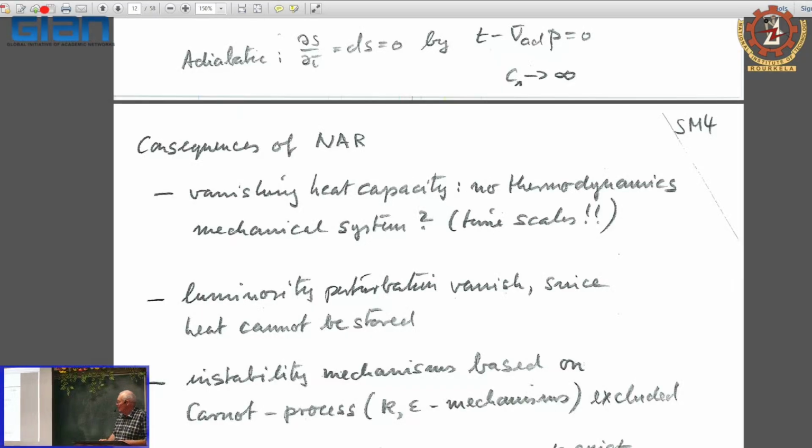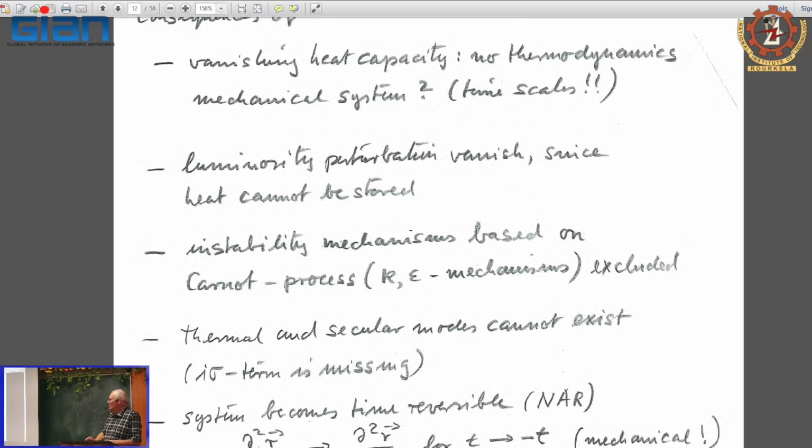So, okay. Well, and also the thermal and secular modes, which have been discussed in the beginning of strange mode research, they cannot exist because the i sigma term is now missing in our equations, and this is the only term which can be responsible for a spectrum of so-called secular and thermal modes.